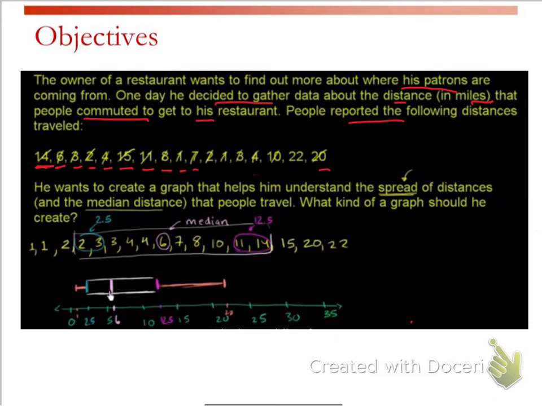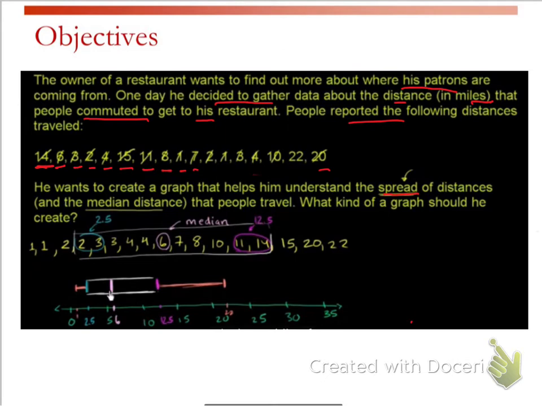He wants to create a graph that helps him understand the spread of the distances, whether they are spread mostly in one area or scattered. Do the majority of his customers come from 20 miles away, or 1 mile away?